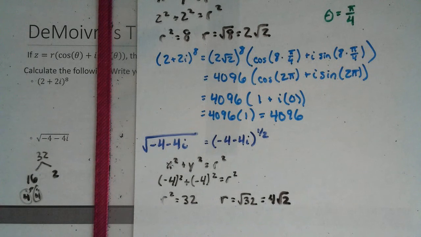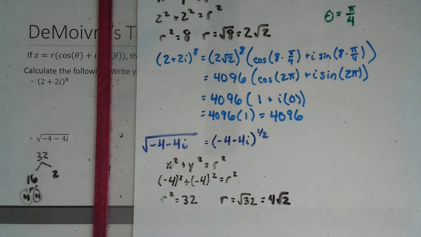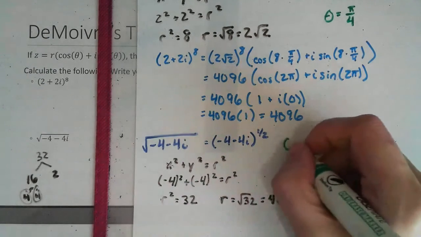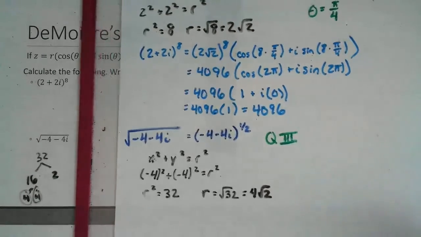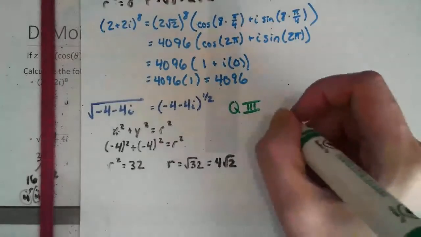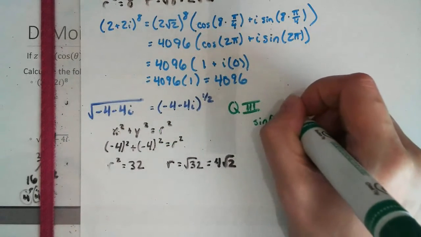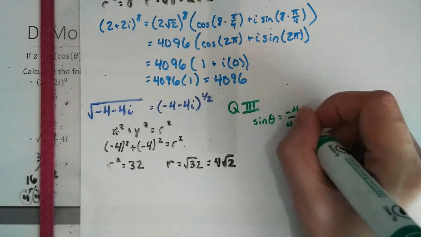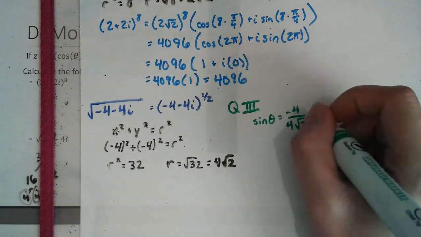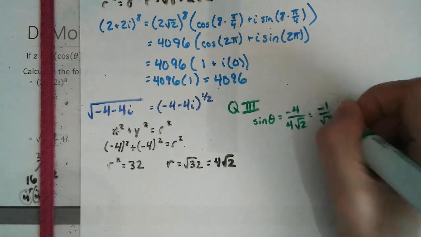Now let's go for theta. We have a -x and a -y value, so that's going to put us in quadrant 3. I've been using sine, so I'll stick with sine. The sine of theta is equal to -4 over the r value, 4 times the square root of 2. The 4s cancel, leaving me with -1 over the square root of 2.